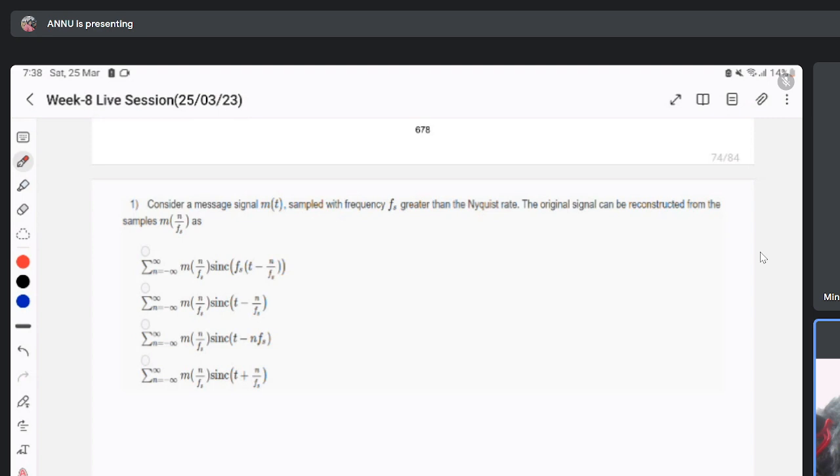Consider a message signal m(t) sampled with frequency Fs greater than the Nyquist rate, where Nyquist rate is 2Fm. The original signal can be reconstructed from the samples m(n/Fs) as. So let's solve this question.